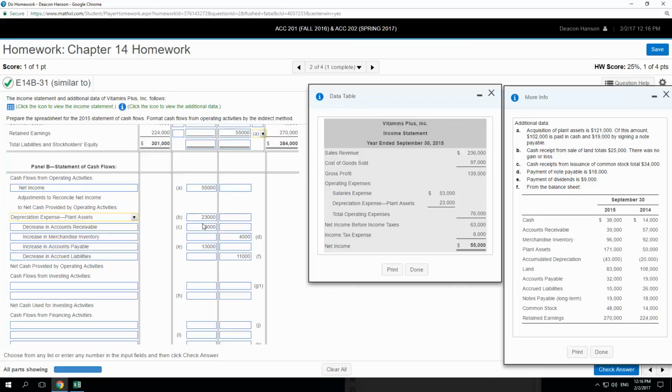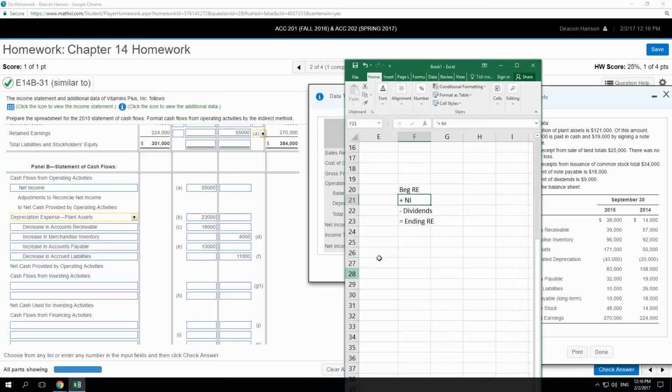Now, if you think about depreciation expense, when you debit depreciation expense, you're crediting accumulated depreciation. In this case, it's 23,000. So you would have an entry that looked like that: debit to depreciation expense, credit to accumulated depreciation.